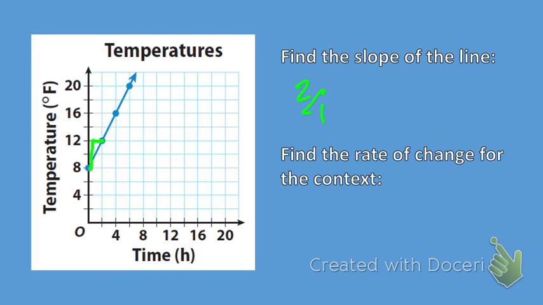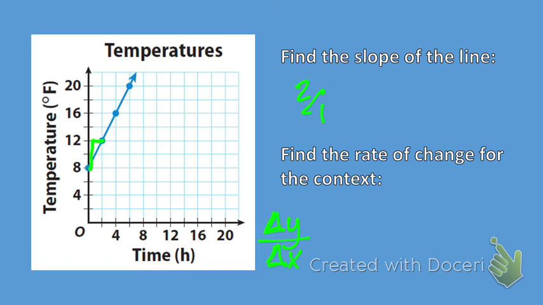Now, if I ask, what's the rate of change? I can't just put 2 over 1. Even though it's the same thing, I've got to add to it. I have to relate it to the context. So 2 what? Remember, it's change in y over change in x.